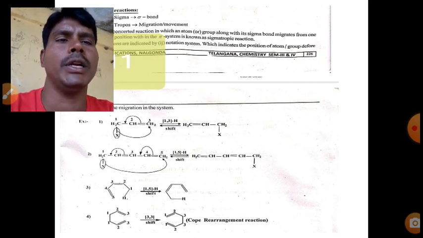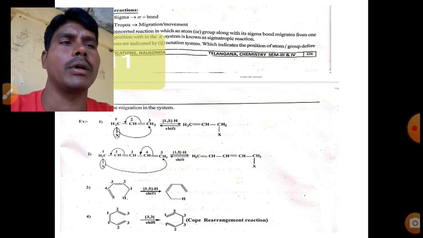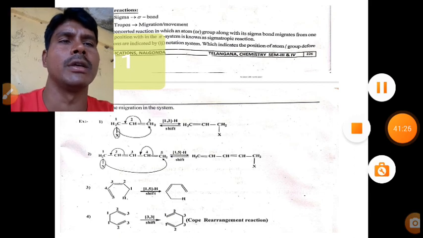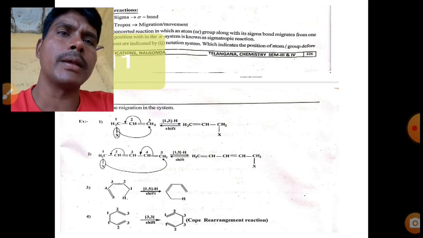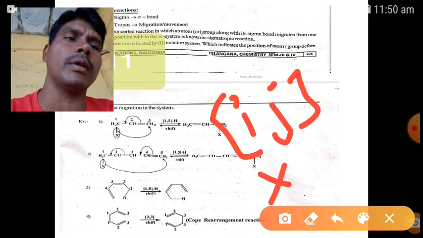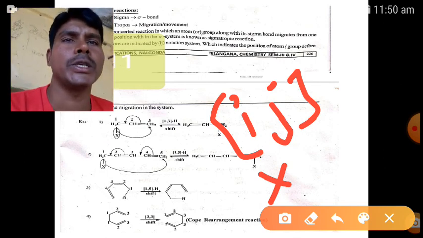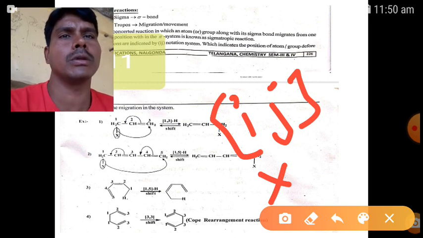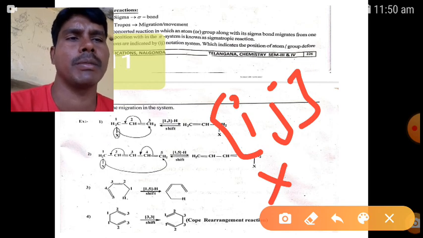It is very important in higher education, GATE or CSIR examinations. So here i indicates the starting position and j indicates the ending position. For example, the X atom migrates from place i to place j. That is a sigmatropic shift. Tautomerism also involves a 1,3 hydrogen shift, that is a concerted type of reaction mechanism.